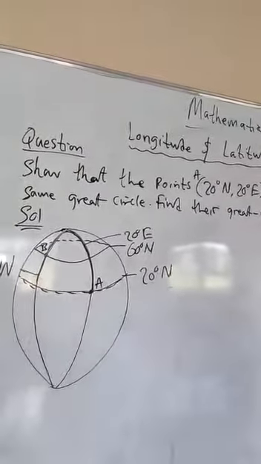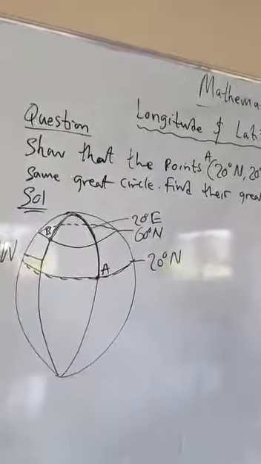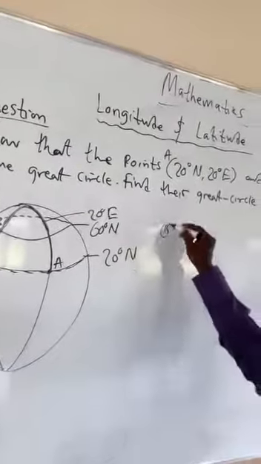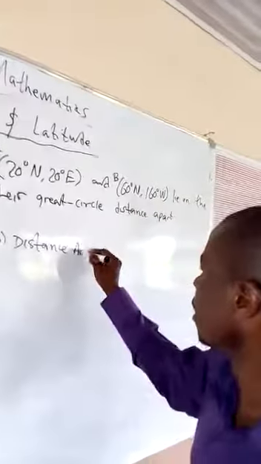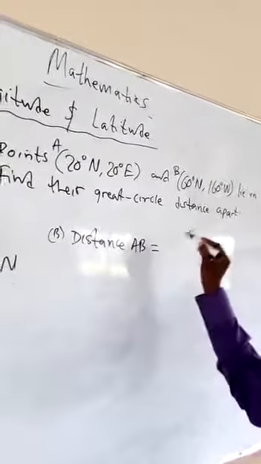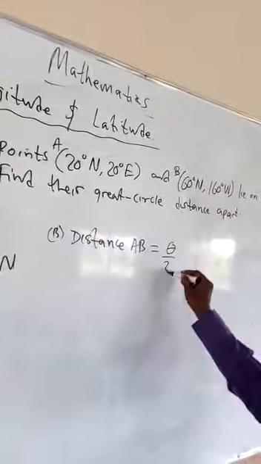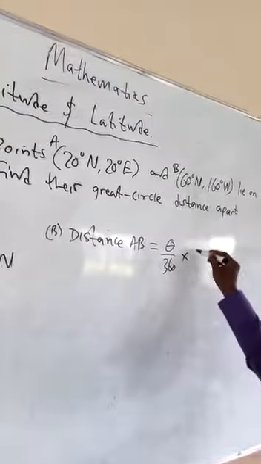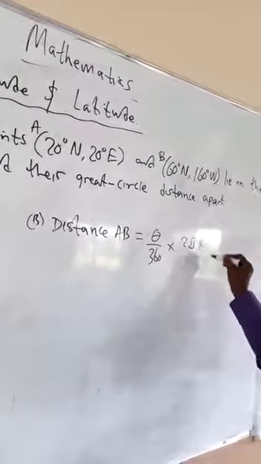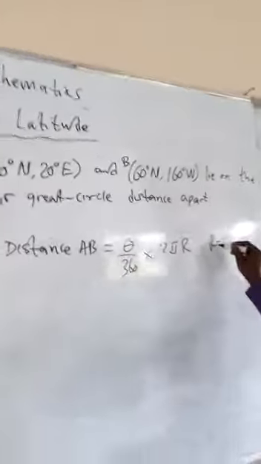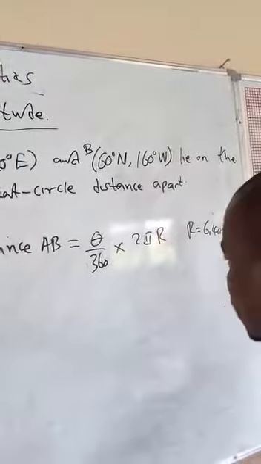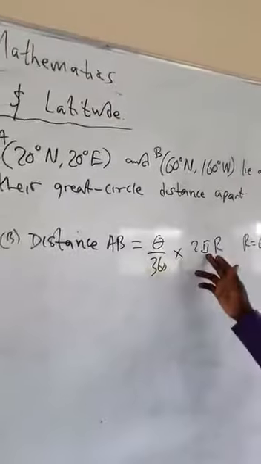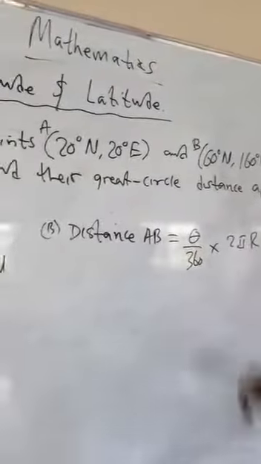Now, to find that distance apart, distance AB is calculated by the formula theta over 360° times 2πr, where this r is always 6,400 kilometers, the radius of the earth. So we take our pi as 22/7.